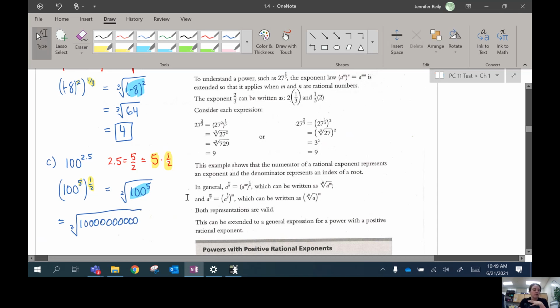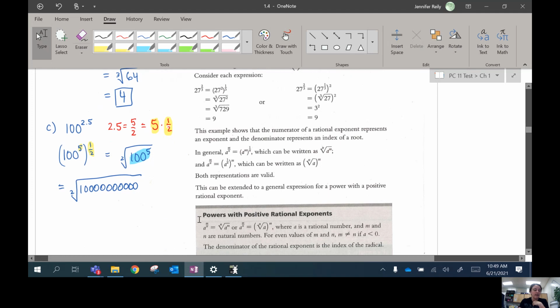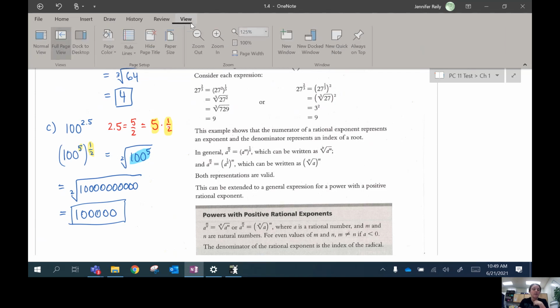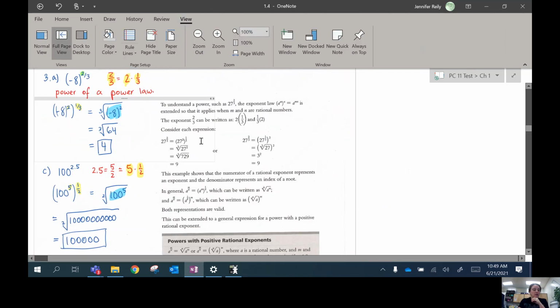That's how powers of 10 and 100 work. You just add up the zeros. And then the square root of 1 with 10 zeros, you cut the number of zeros in half. So that would be 1, 2, 3, 4, 5 zeros, 100,000. So that's example 3. So again, what we did was we split up our fraction into 2 parts, the whole number and then the fraction with the 1 on the top.